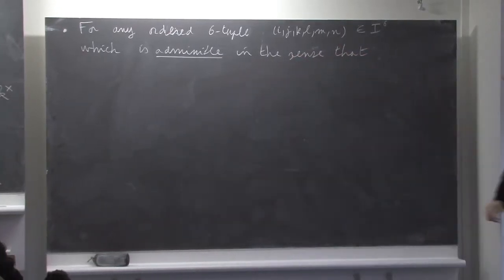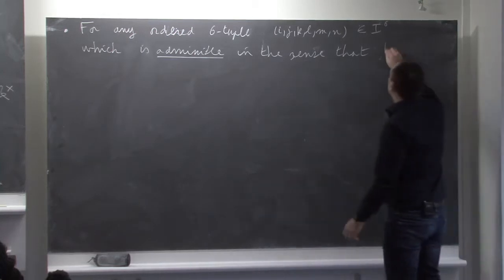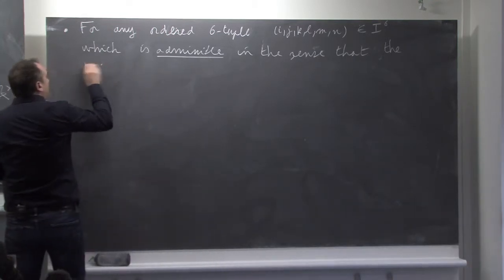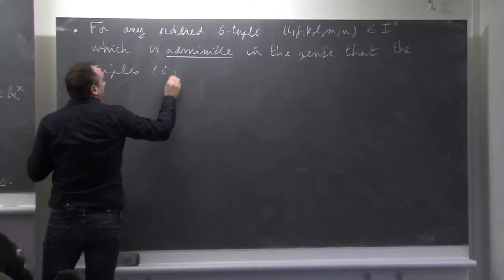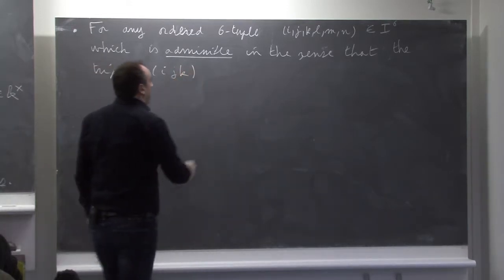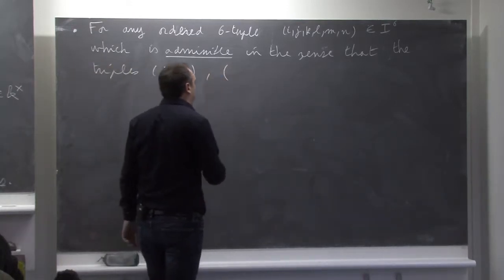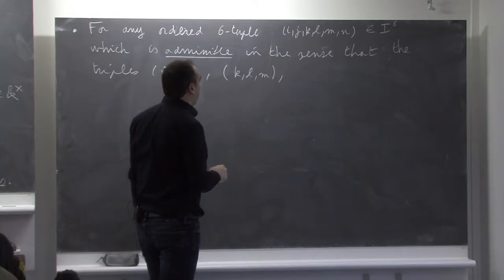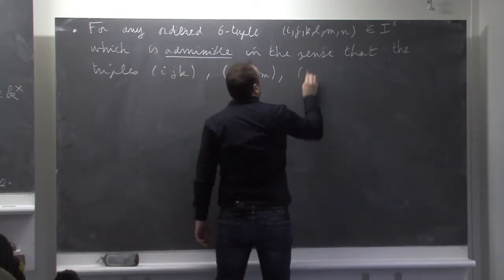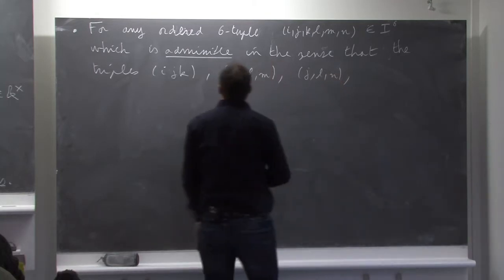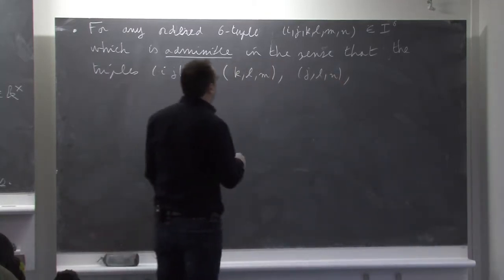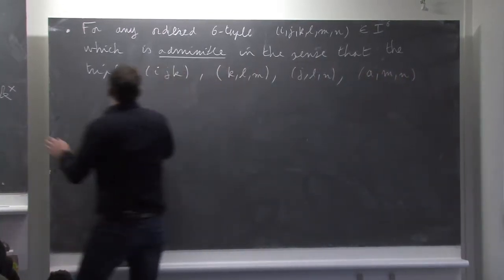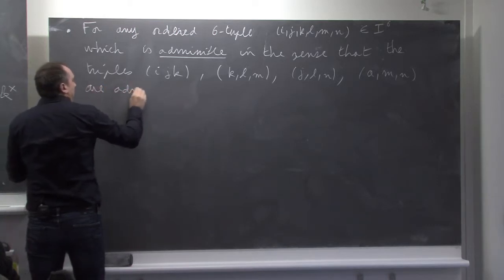So we want that the triples I, G, K, K, L, M, G, L, N, and A, M, N are admissible.